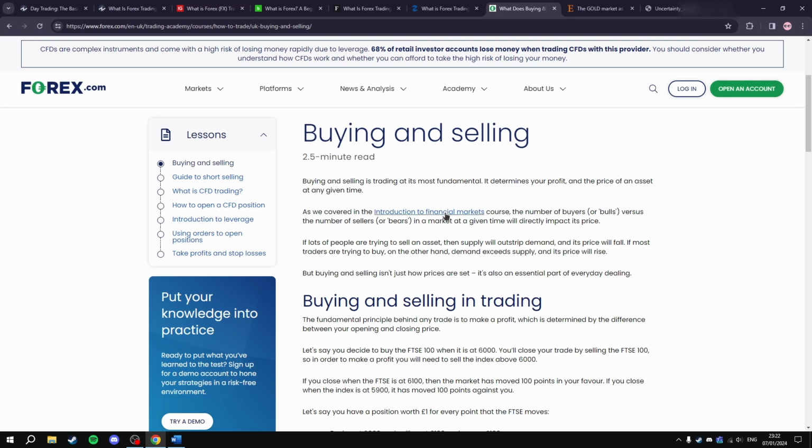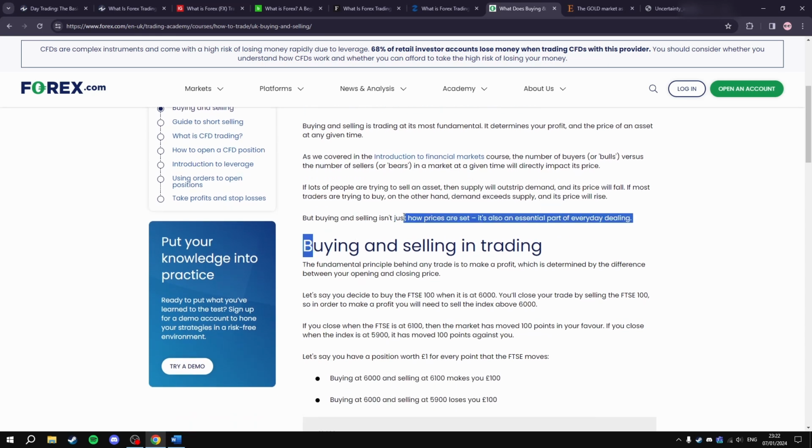As we covered in the Introduction to Financial Markets course, the number of buyers or bulls versus the number of sellers or bears in a market at a given time will directly impact this price. Hence, aka demand and supply. If lots of people are trying to sell an asset, then supply will outstrip the demand and its price will fall. If most traders are trying to buy on the other hand, demand exceeds supply and its price will rise. Yeah. But buying and selling isn't just how prices are set, it's also an essential part of everyday dealing.